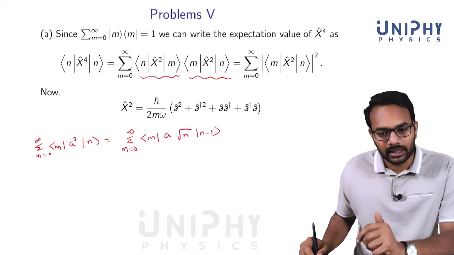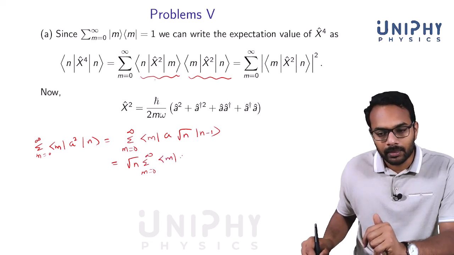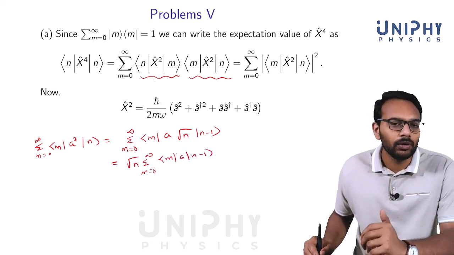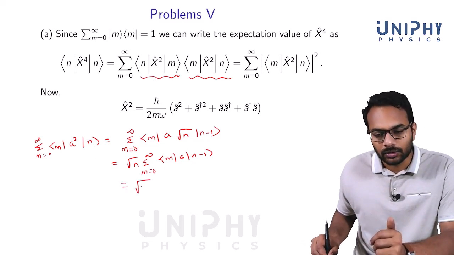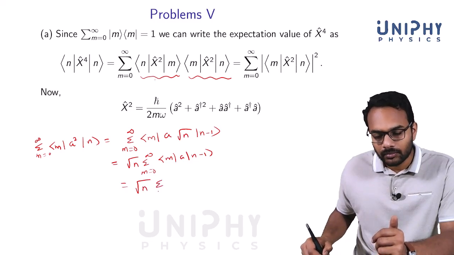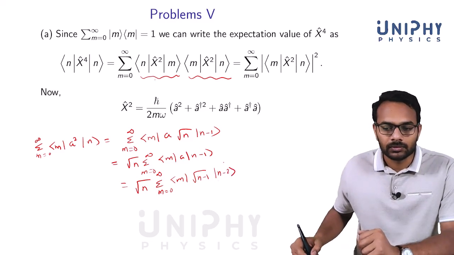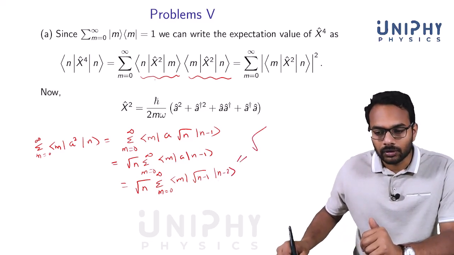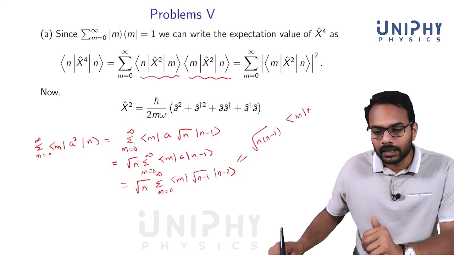This is a number, so you can pull it out: square root of n, summation m from 0 to infinity, ⟨m|a|n−1⟩. We know what happens when a acts on n−1: it becomes square root of n−1 times |n−2⟩. So this is simply square root of n(n−1) times ⟨m|n−2⟩.